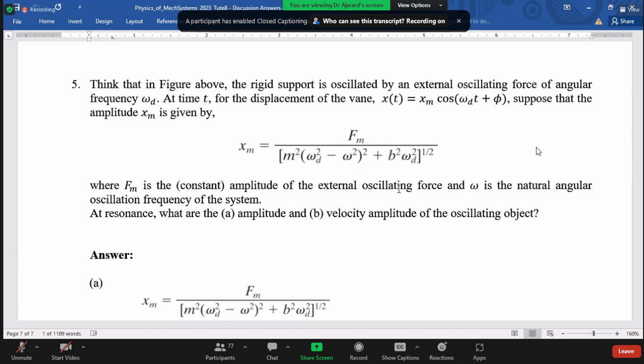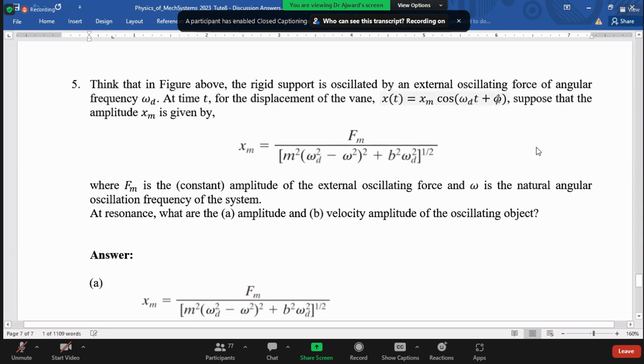For the same kind of figure, the rigid support is oscillated by an external oscillating force of angular frequency omega d, and the displacement is x(t) = xm cos(omega d t + phi).